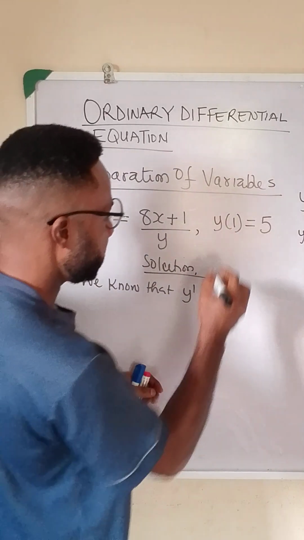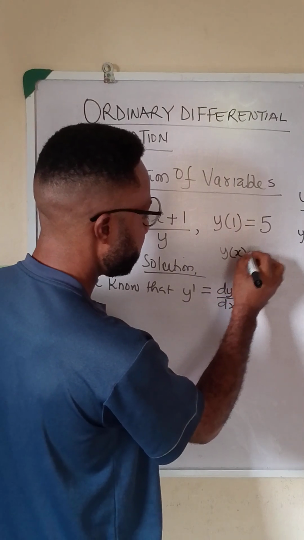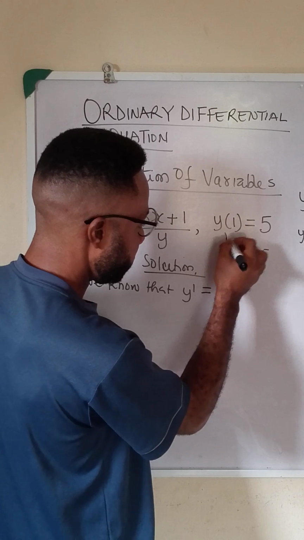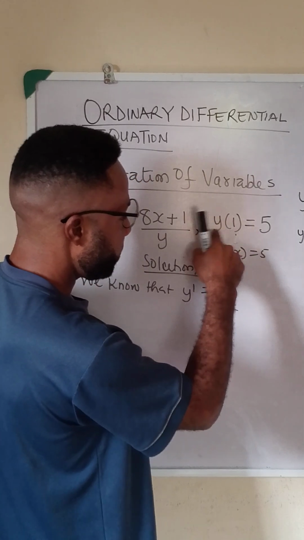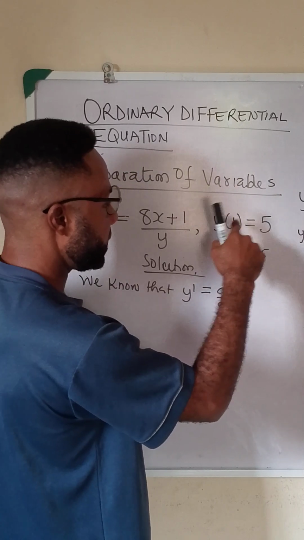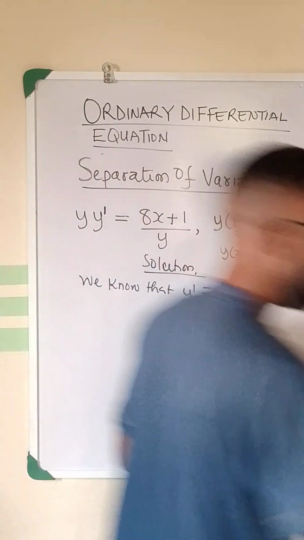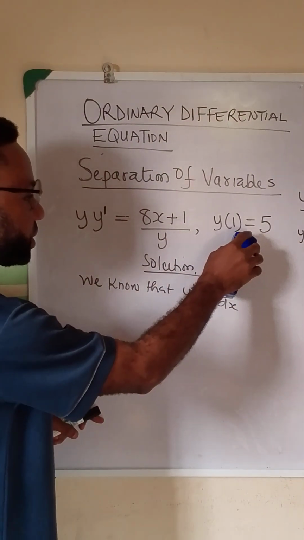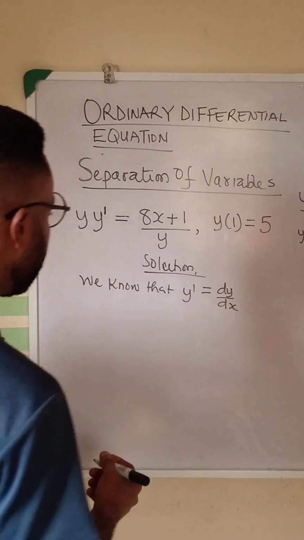This is the same thing as saying y(x) = 5 at x = 1. So this is our boundary condition. When it is time to apply it, I'll definitely apply it.